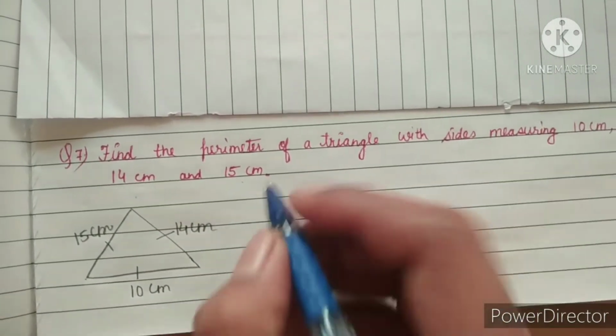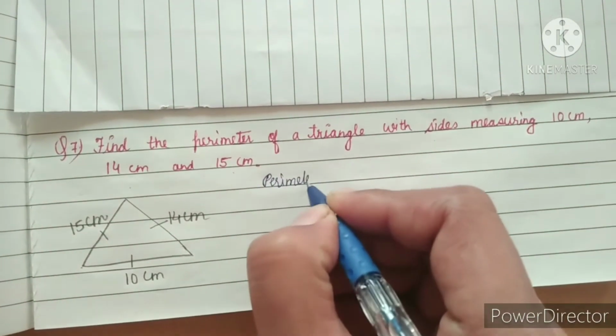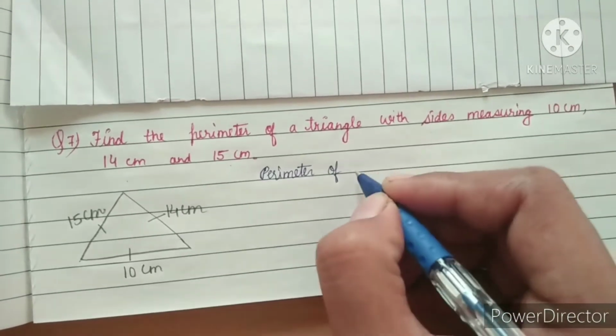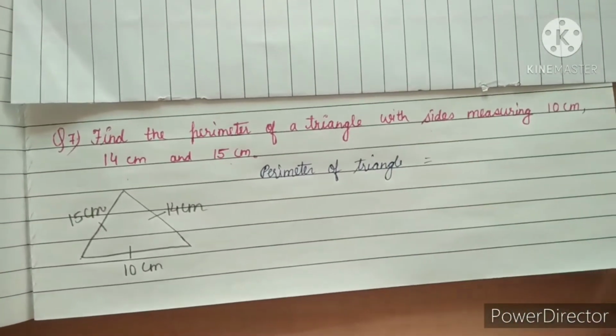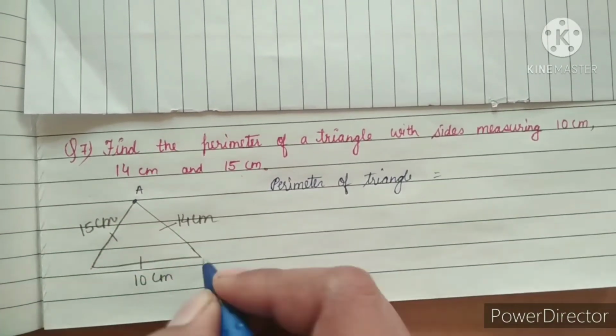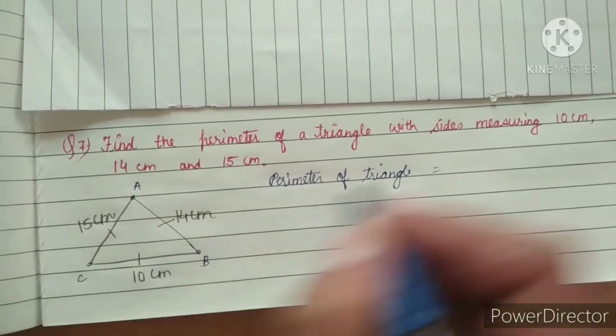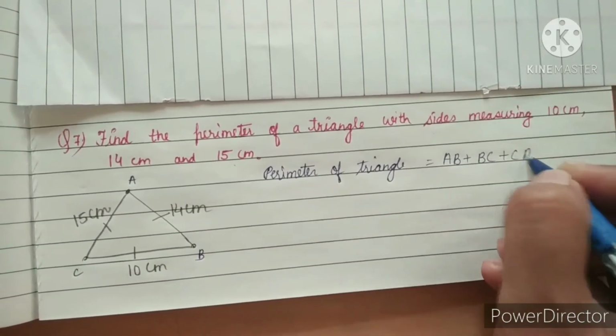Any figure's perimeter is the sum of all sides. So the perimeter of a triangle is the sum of all sides. You can put any names here, A, B, C. So AB plus BC plus CA.